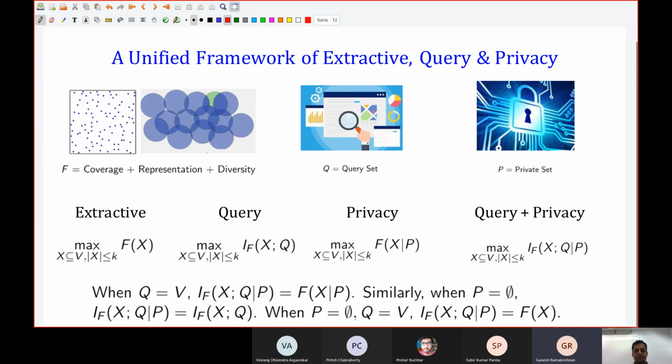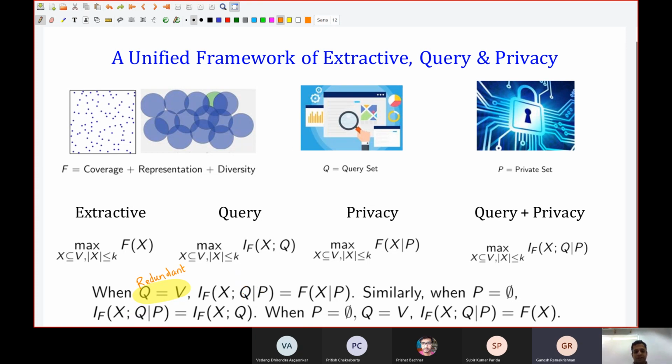When Q is V, it's basically f of X given P. So Q is redundant, right? Q being the entire set V is vacuous, redundant, and therefore it just vanishes.